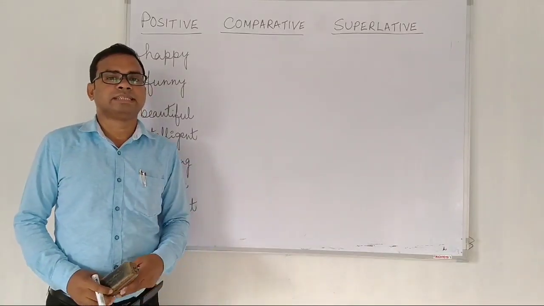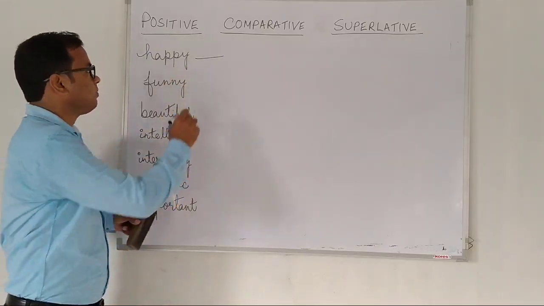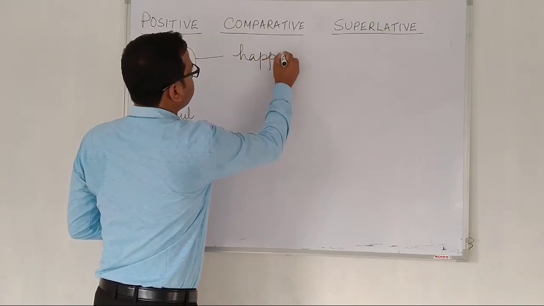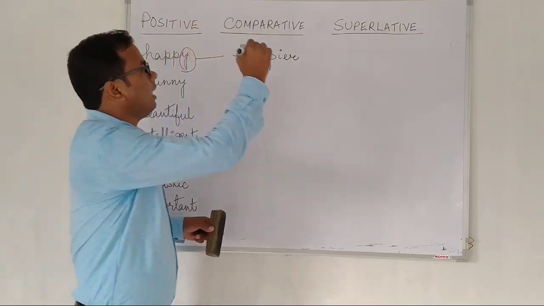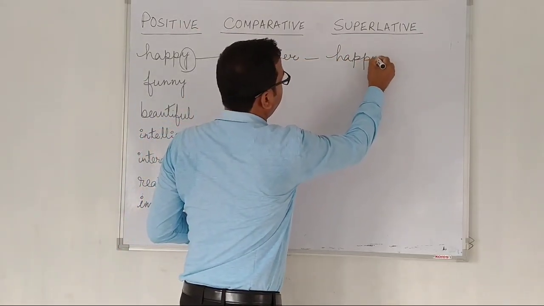Let's take a few more examples. Happy. So this adjective ends with Y. In that case, we have to replace the Y and make it I. Then ER, happier. And the superlative form will be HAPPIEST.